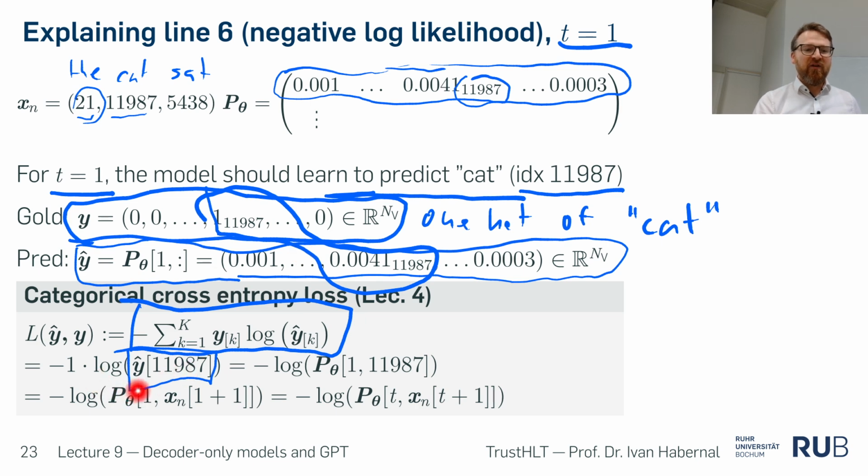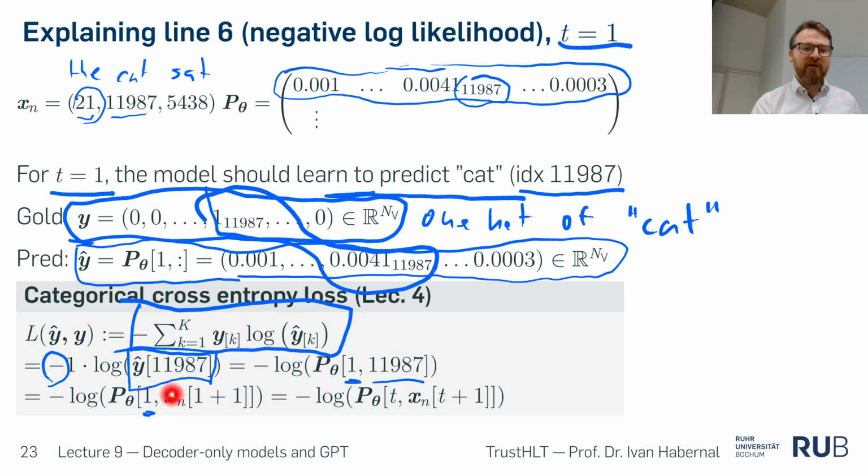So we get a log of this number, which we turn into negative, sorry. Never forget the minus. Negative log of the first row and the position 11,987, whatever it is.